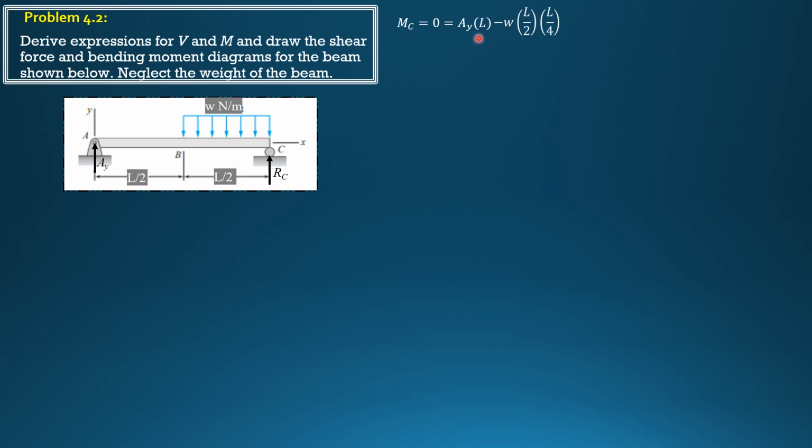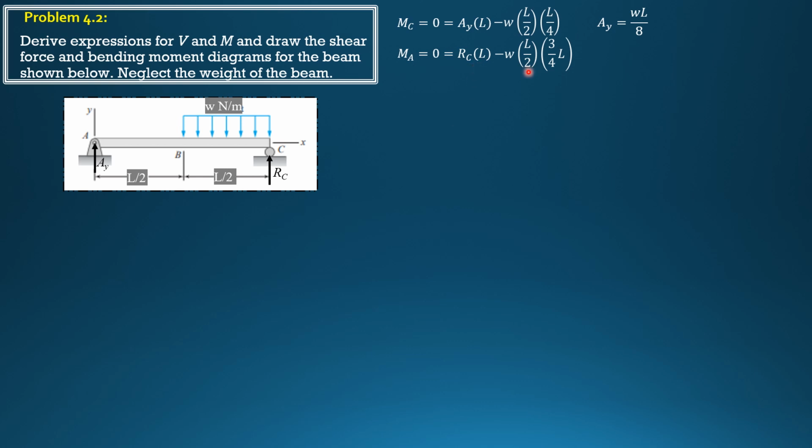Solving for AY is WL squared over 8 divided by L, so WL over 8. Likewise, summation of moment about A equals 0, counterclockwise positive: RC times L minus W times L over 2. This distance is L over 4 plus L over 2, so 3/4 of L, minus W times L over 2 times 3/4 of L.